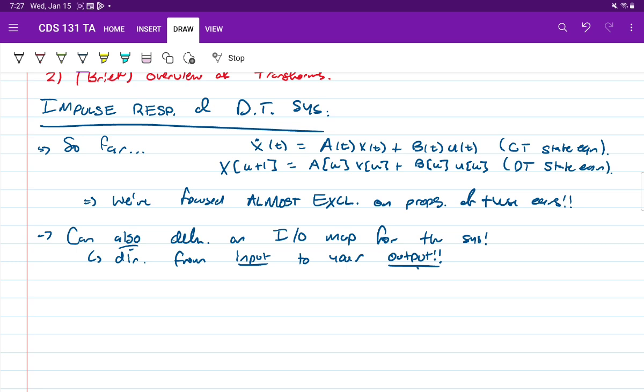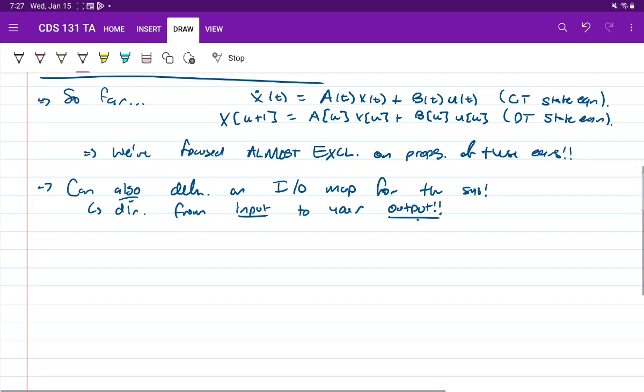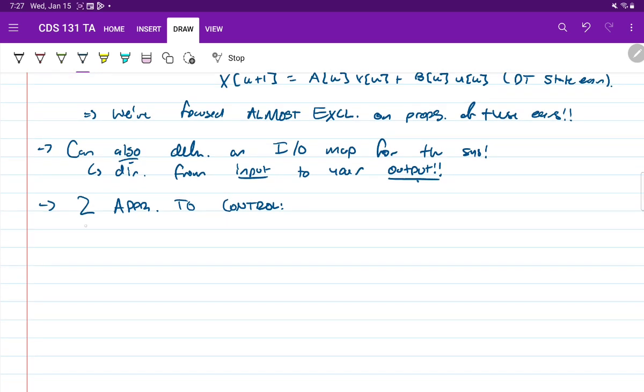Okay? And this hints at maybe you could say a two-faceted approach to control. Let me summarize what this is. So, two approaches to control. And obviously, I'm using very broad strokes here. The first approach, which we've taken so far, is the internal or state space approach.